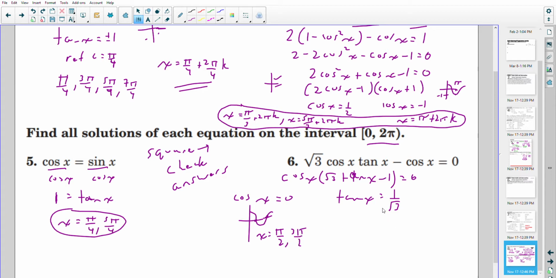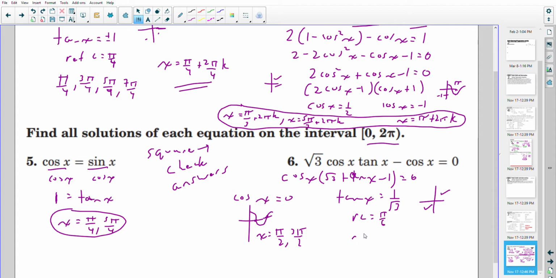And when I go to here, the question is, which quadrants am I looking at? It's the first and the third quadrant. And now the question is, what is the angle such that the tangent of the angle is equal to 1 over square root of 3? That answer is going to be pi over 6 as the reference angle.